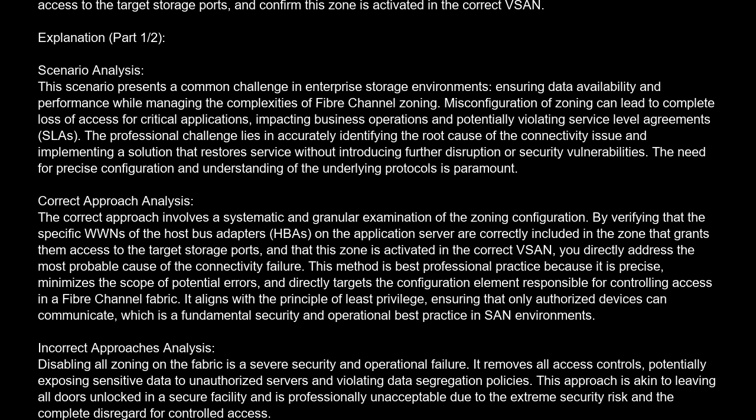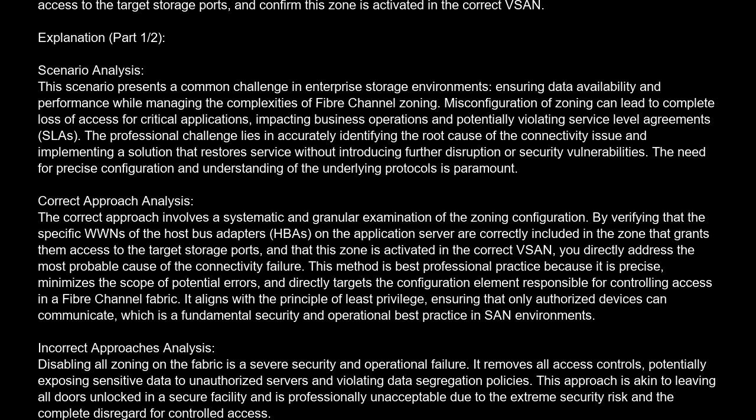This method is best professional practice because it is precise, minimizes the scope of potential errors, and directly targets the configuration element responsible for controlling access in a Fibre Channel fabric. It aligns with the principle of least privilege, ensuring that only authorized devices can communicate, which is a fundamental security and operational best practice in SAN environments.